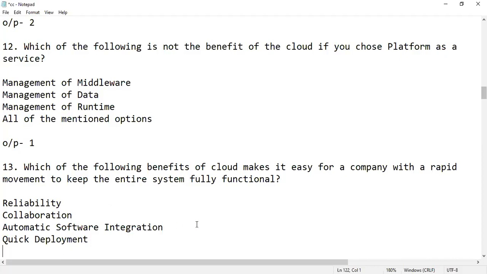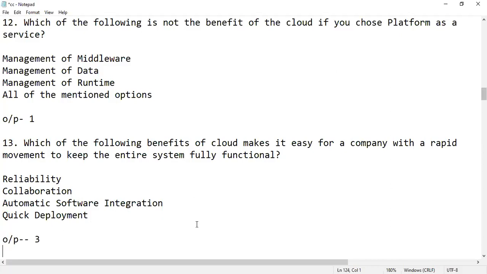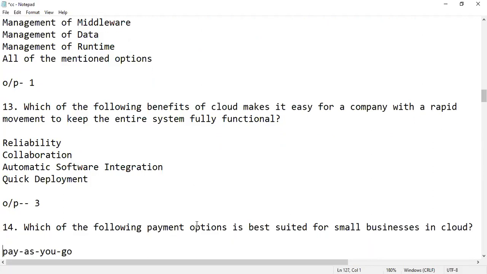Cloud computing automation is a broad term that refers to processes and tools that reduce or eliminate manual efforts used to provision and manage cloud computing workloads and services also. So we can go with option C for this question.